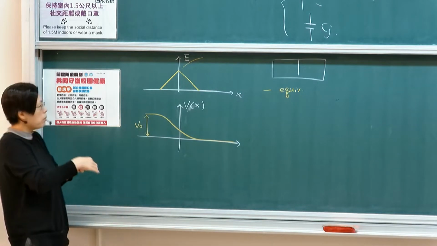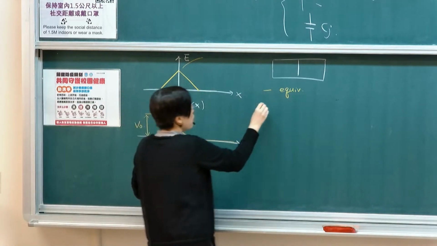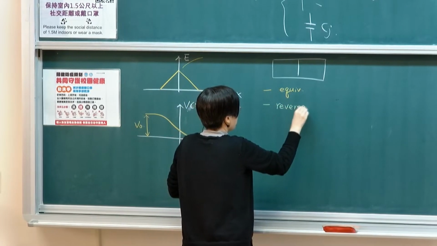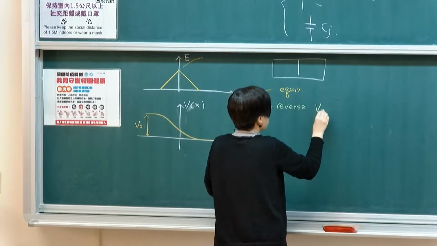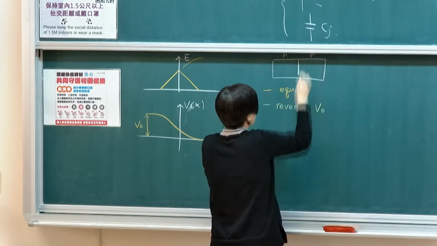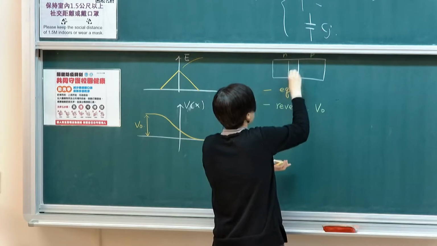We already told you that under reverse bias, where VD, so this is N, this is P, there'll be a depletion region.